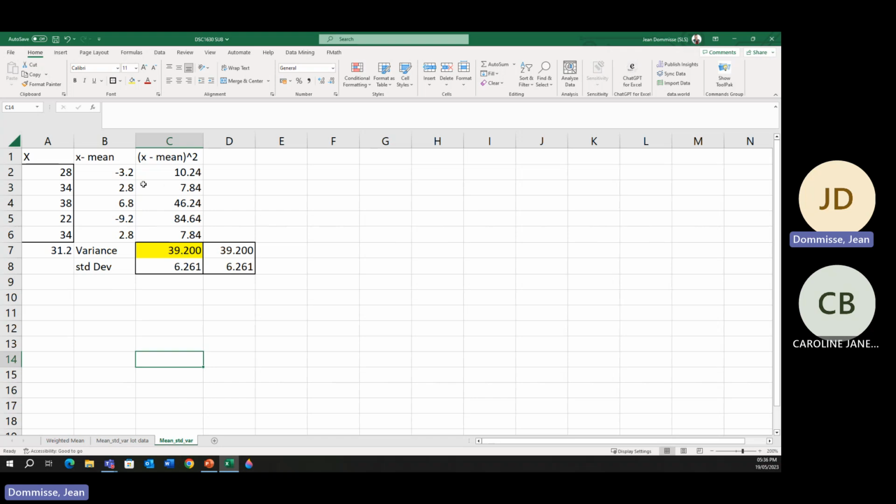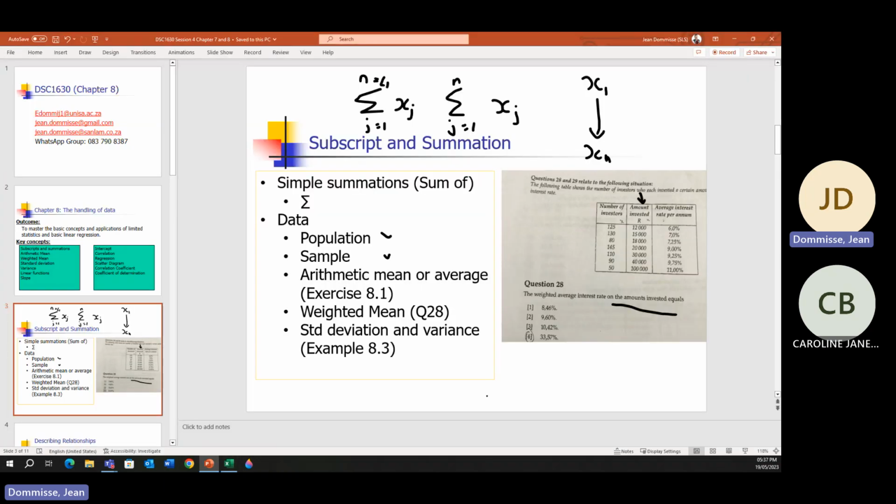If they want you to show this calculation, what they can maybe ask you is, what is the sum of squares or something like that, on that formula of page 144.